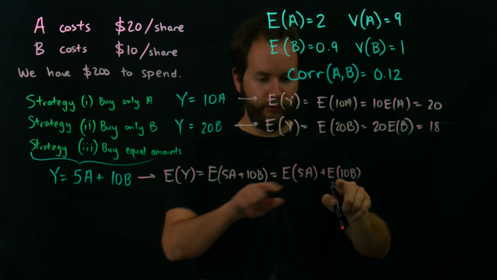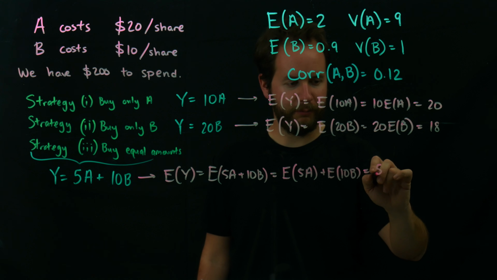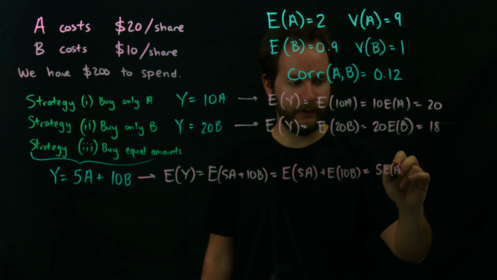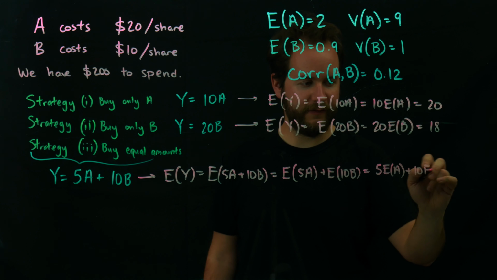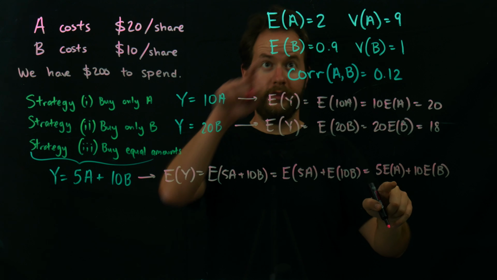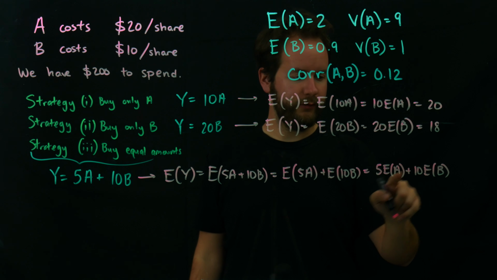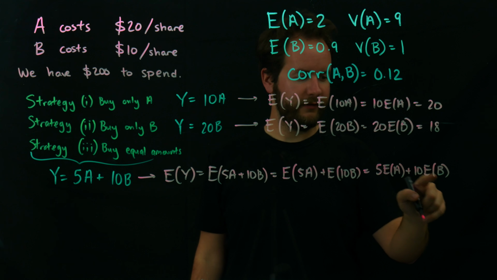Per expected value rules, this 5 and this 10 can come out as coefficients in front of those expected values, so we end up with 5 times the expected value of A plus 10 times the expected value of B. I'm going to run out of room here pretty soon. We know the expected value of A is 2, the expected value of B is 0.9, so we have 5 times 2 is 10, 10 times 0.9 is 9, 10 plus 9 gives me 19.